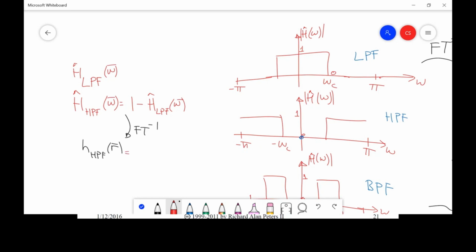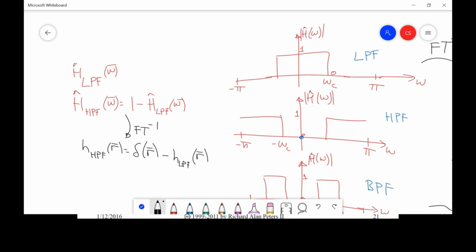Okay, so what is the inverse Fourier transform of 1? The delta. Okay, so this is a delta at R minus the impulse response of the low pass filter.